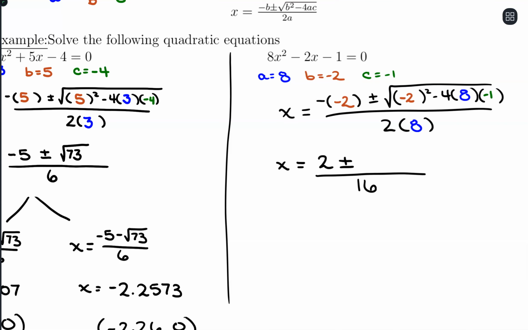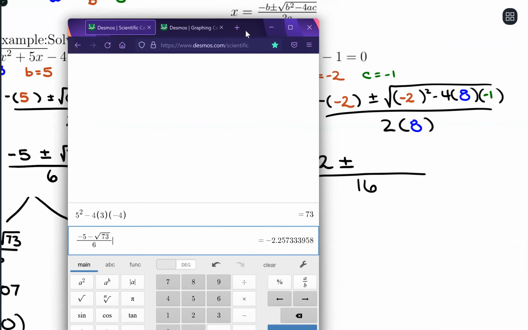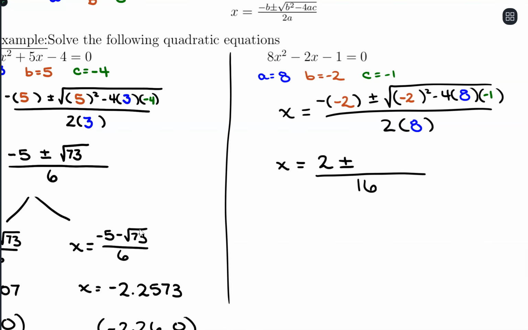Then with the square root, negative 2 squared will be a positive 4. And then we have minus 4 times 8 times negative 1, which makes 36. And actually, we can take the square root of 36, and that would just be 6.